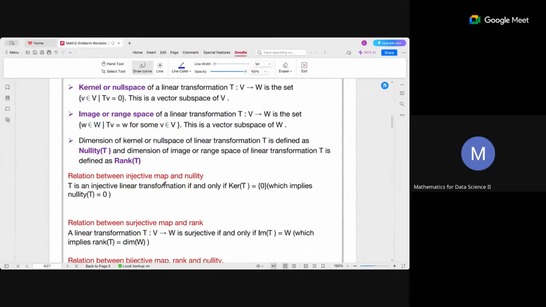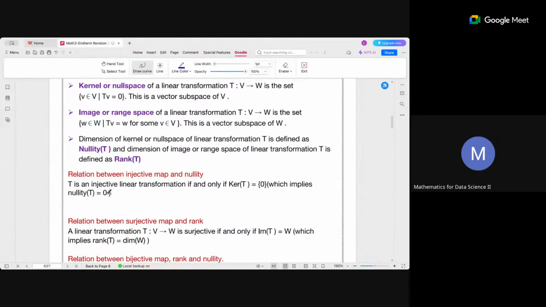Now, what is the relation between injective map and nullity? We have already seen this. If a map is injective, it means that the kernel is 0, which means that nullity is 0. And if you have a surjective map, that is an onto linear transformation, then you know that image of T is equal to W. If image of T equals W, what can you say about the rank of T?